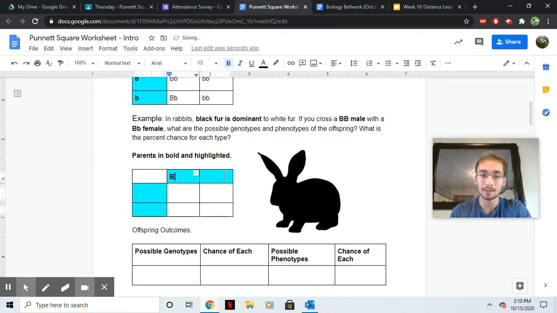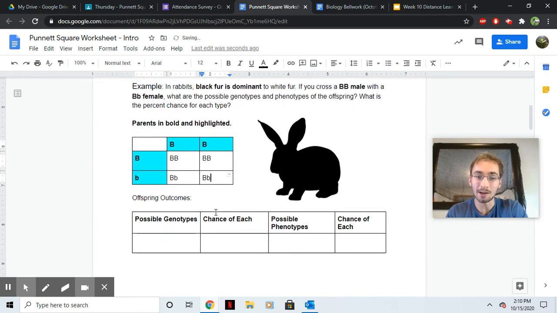You have one of the parents up here, big B, and then the heterozygous parent, big B, little b. Do the capital ones first. These B's will drop down, and then these ones will go across. Do the capital first: big B, and then little b, little b.